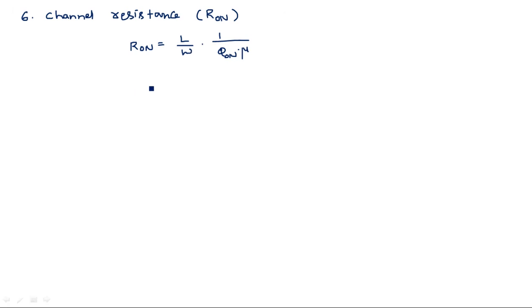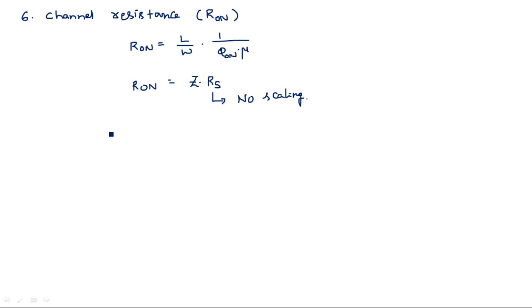You can also say R on is equal to Z into Rs. That means sheet resistance cannot be scaled down. That is fixed for that sheet. No scaling. In this way also we can understand, because if you don't remember the formula L by W into 1 by Q on mu, then you can use this simple formula.